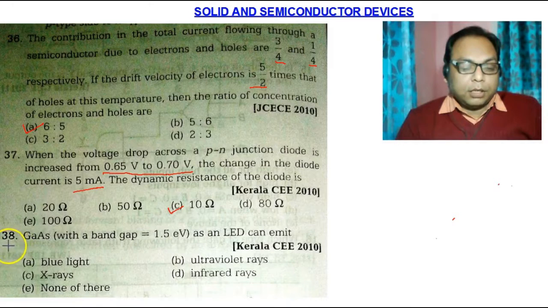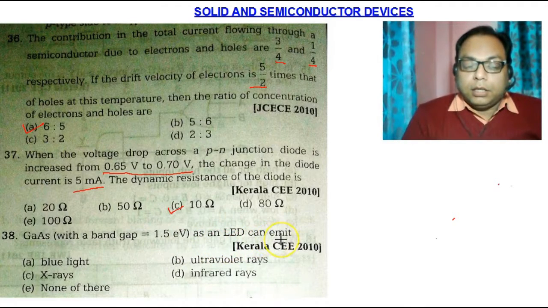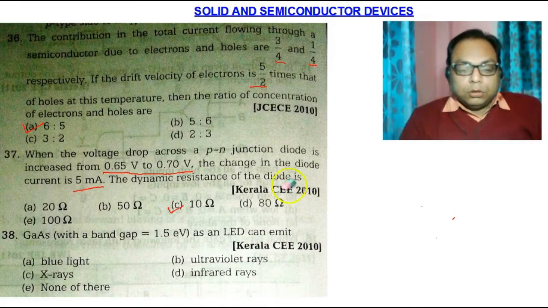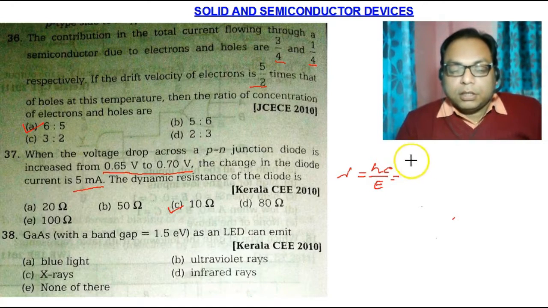Question number 38. Gallium arsenide with a band gap of 1.5 electron volt as an LED can emit. Once we find the wavelength, we can find the range of the electromagnetic wave given here. So lambda is equal to hc by E. Here H is 6.6 into 10 to the power minus 34, and we must take care of the unit.